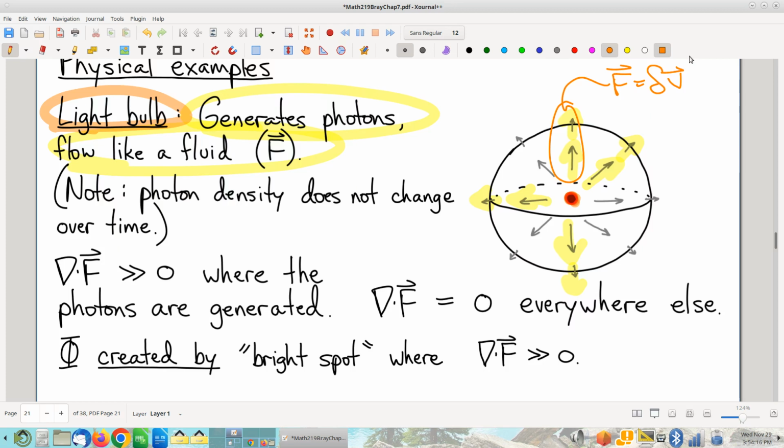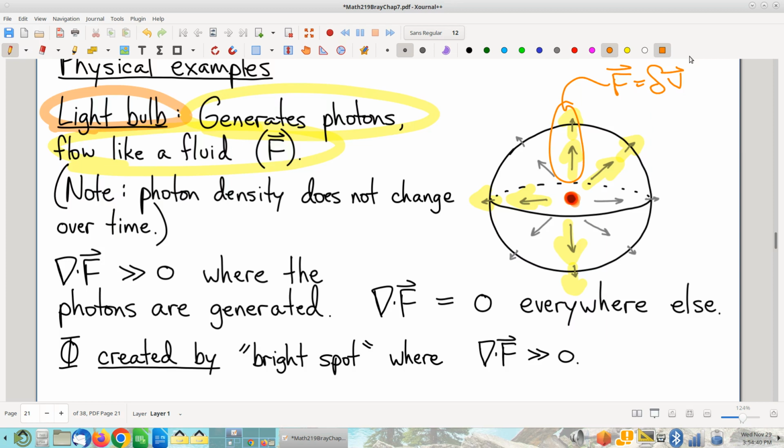When you use this to represent the flow of a fluid, then flux no longer tells you volume per unit time. Flux tells you quantity per unit time. If you're talking about mass per unit volume as your density, then you get literally the mass of fluid per unit time.